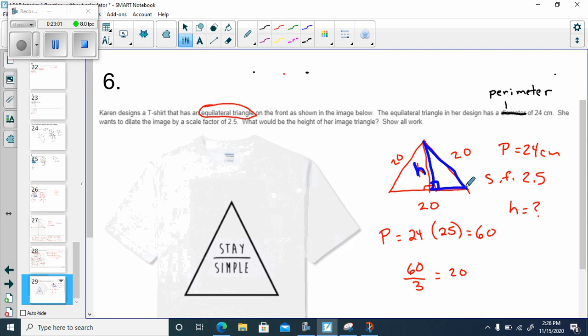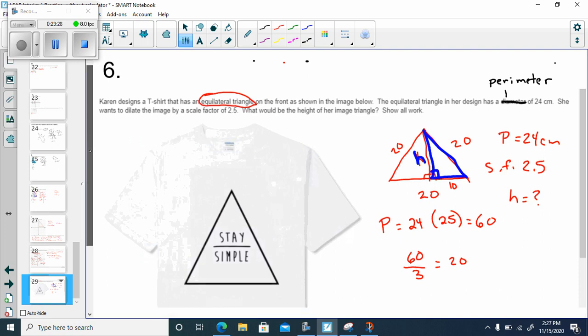Oh, no. This blue part isn't 20, is it? This whole thing here is 20. I said this is divided into two equal pieces here. So if this whole thing is 20, wouldn't this piece here be 10? Okay, so now I can use Pythagorean Theorem because I've got the blue right triangle here, don't I?